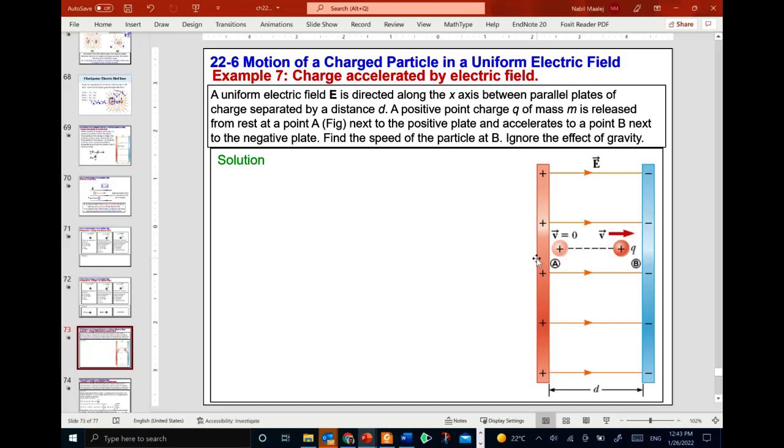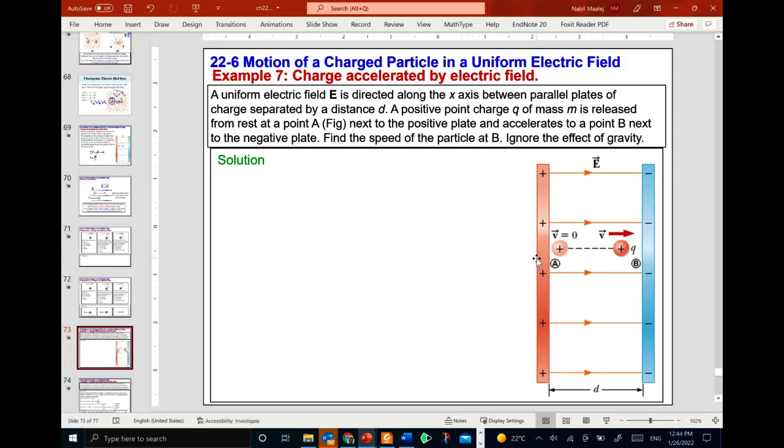This is one way. The other way I can solve this problem is by using the conservation of energy. The work done by an external force, and let's assume in this case the electric field is an external force, is equal to the change in kinetic energy plus the change in potential energy. Here let's assume we have only the kinetic energy.